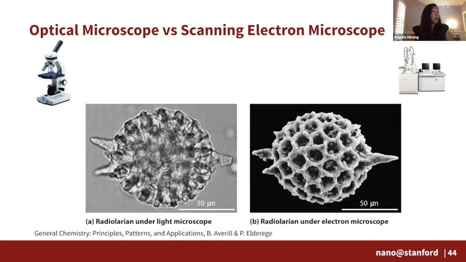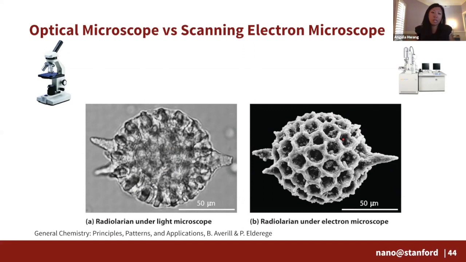And then another thing, again, this is just a quick overview of looking at stuff, right? So you have all very likely looked at objects under an optical microscope, right? Where this is just kind of this little diatom thing that I think is found in the water. But you can see it and you can see there's some structure, but if you switched over to an electron microscope, you can see it in much more detail. And that's because light is only so limited, right?